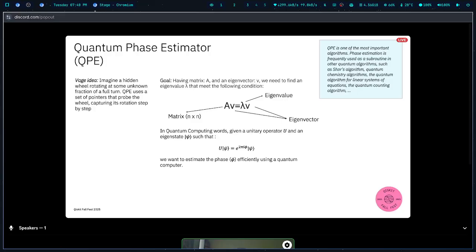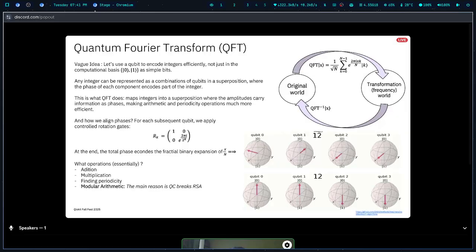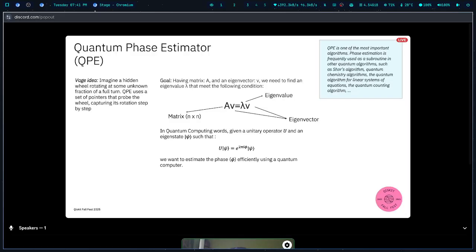You may see this algorithm as a bit abstract because we didn't set how it can be implemented, but know that this phase estimator really finds that angle that we talked about before. It has a lot of applications. For quantum chemistry, I think it is theoretically the main algorithm, and all the remaining algorithms are based on this.